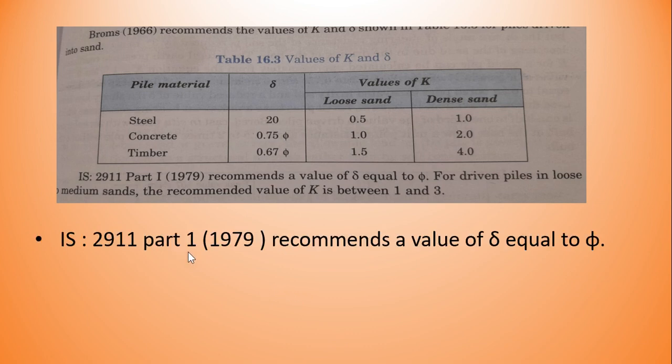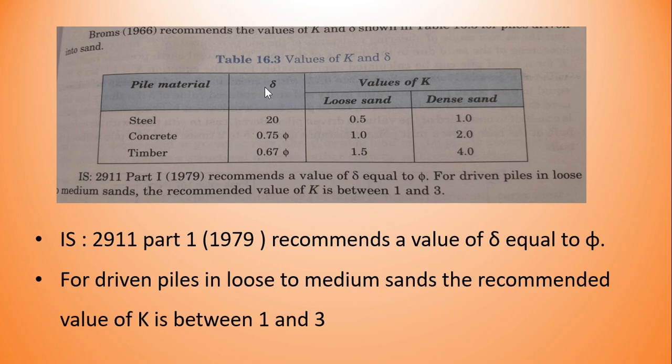IS 2911 part 1 1979 recommends values of delta and K. Here pile material, delta value and values of K are given in this table. For steel, the delta value is 20 and the values of K in loose sand is 0.5, in dense sand it will be 1.